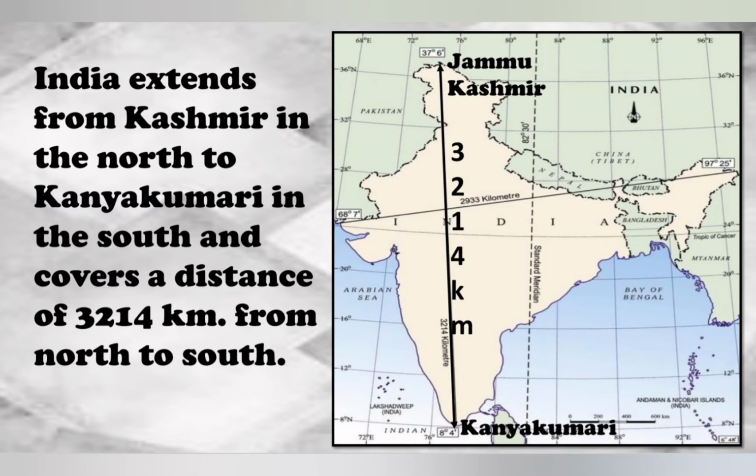Here we will see the distance that India covers in terms of kilometers. India extends from Kashmir in the north to Kanyakumari in the south and covers a distance of 3,214 kilometers from north to south.